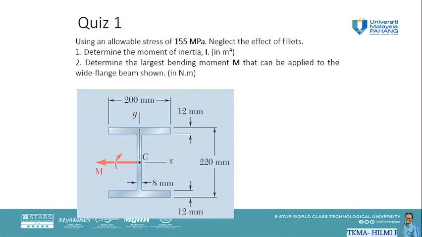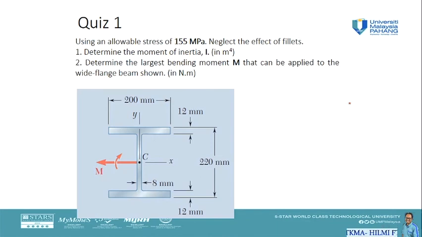Determine the moment of inertia I, and then determine the largest bending moment M that can be applied to the wide flange beam shown. Basically you have to understand the contents in the lecture 1 and lecture 2 videos to answer this question.